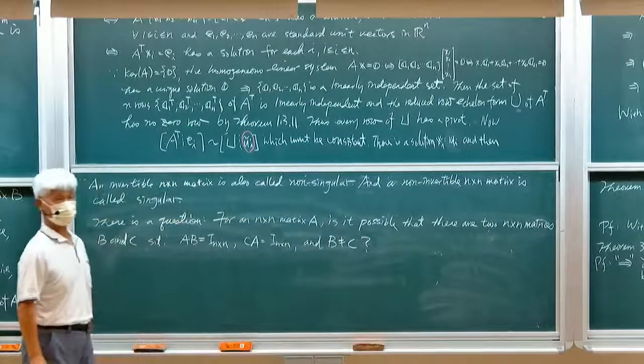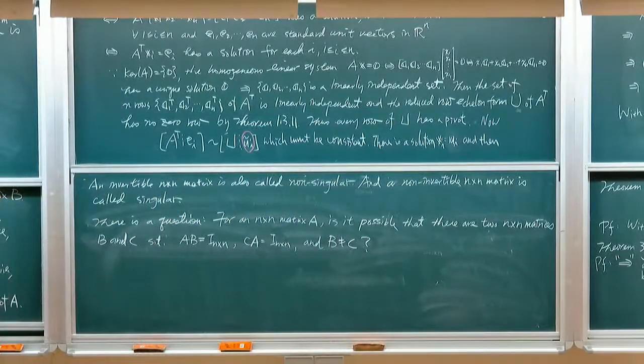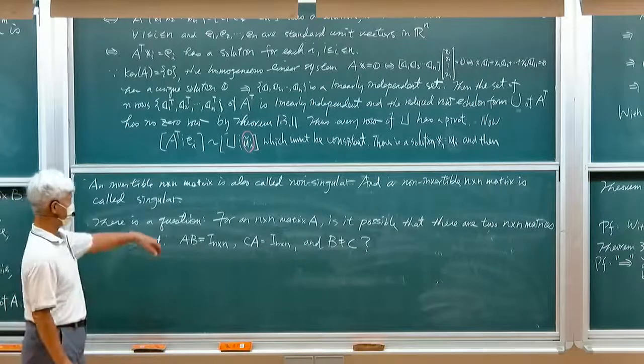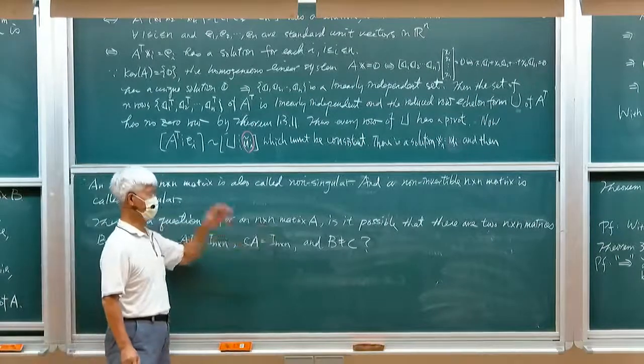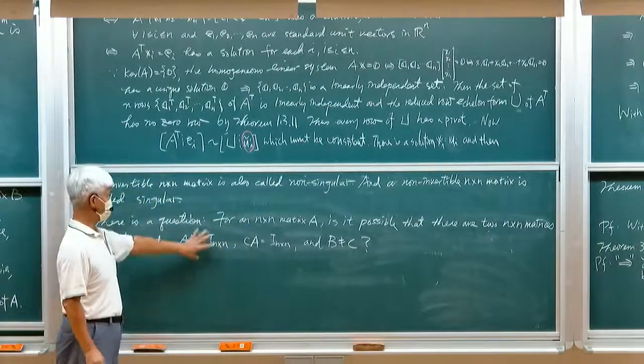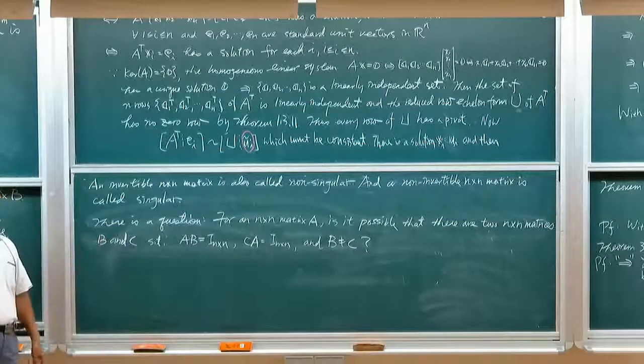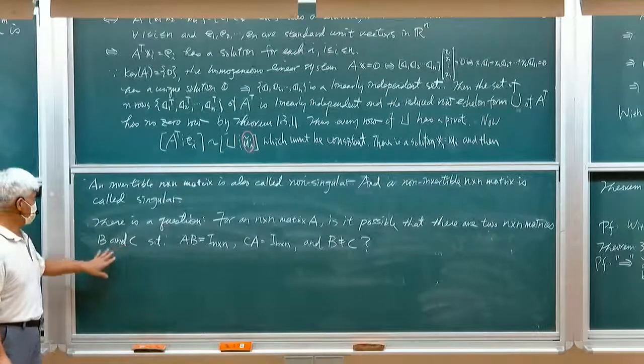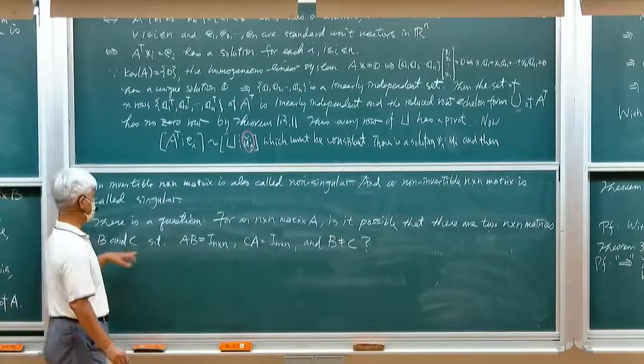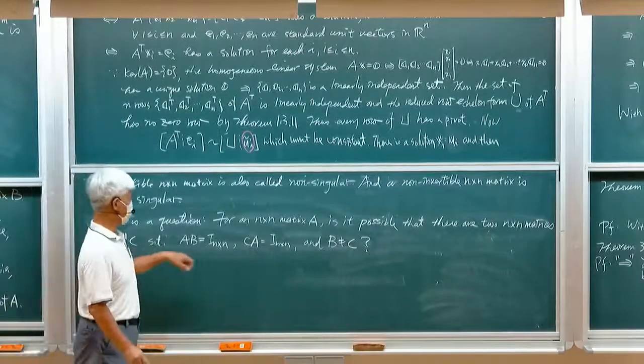So for a square matrix A, we ask for the possibility of having two different matrices, B and C, such that B is a right inverse of A, and C is a left inverse of A.